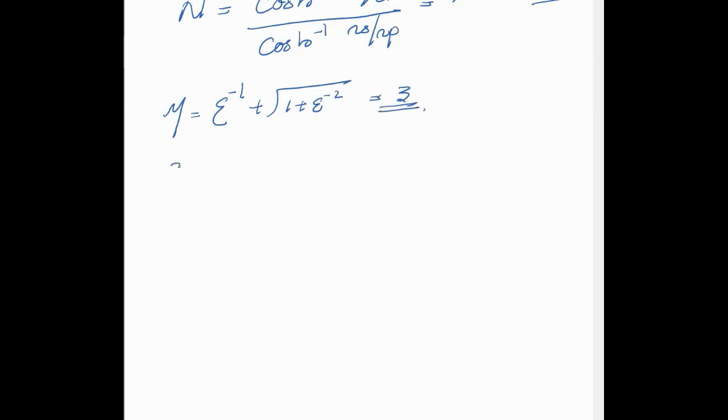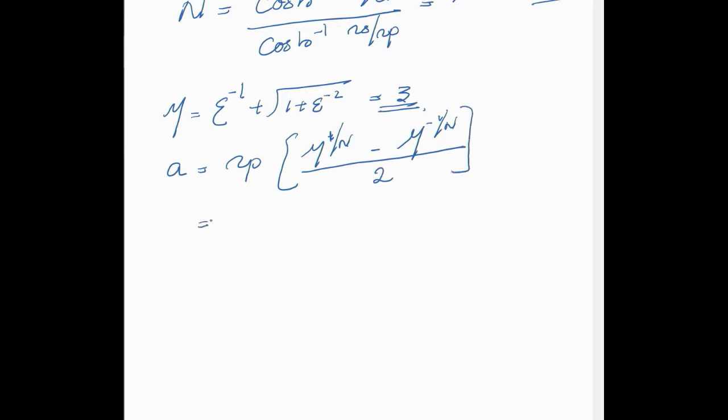Now you have to find the value of A, which is equal to omega p times (mu raised to 1 by n minus mu raised to minus 1 by n) by 2, substituting the value of omega p as 0.2 pi and the mu value as 3.